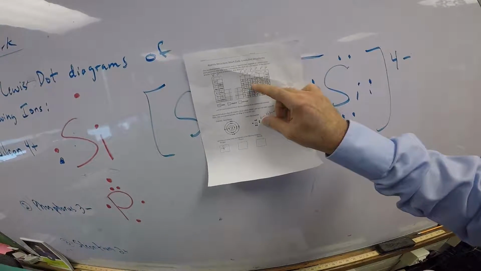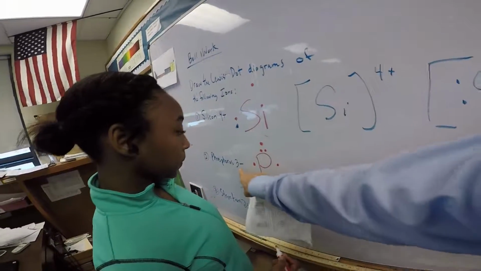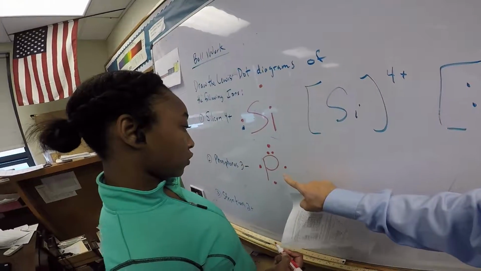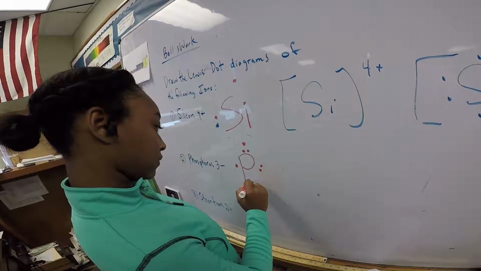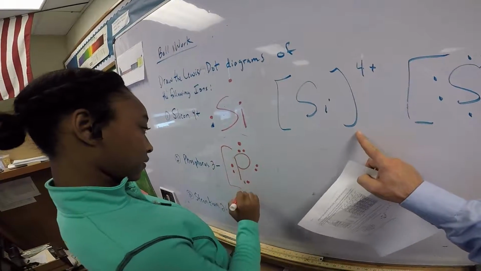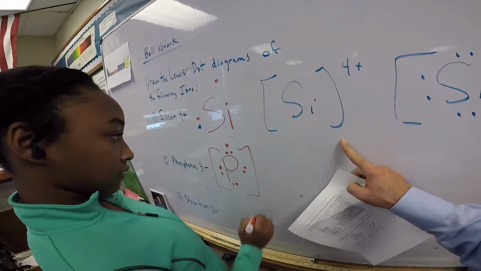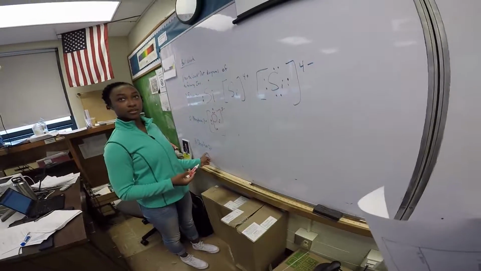It has 1, 2, 3, 4, 5 electrons around it. So you got 5 there. Now it's going to gain 3 more. So you're going to put 1, 2, 3. Then put brackets around it, like you see here. And you put 3 negative.